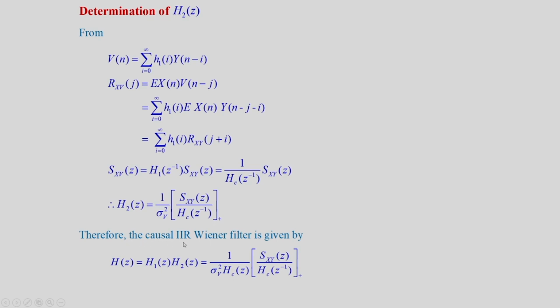Therefore, the causal IIR Wiener filter is given by H(z), which is equal to H1(z) into H2(z), where H1(z) is 1 by Hc(z) and H2(z) is given by this. The combined expression will be 1 by sigma v square into Hc(z) into the positive part of Sxy(z) divided by Hc(z inverse). So, this is the causal IIR Wiener filter expression.